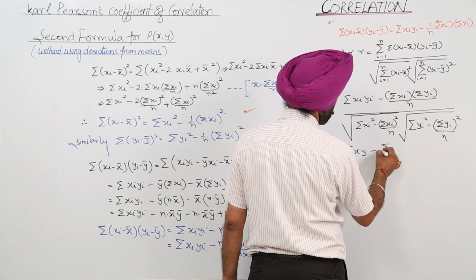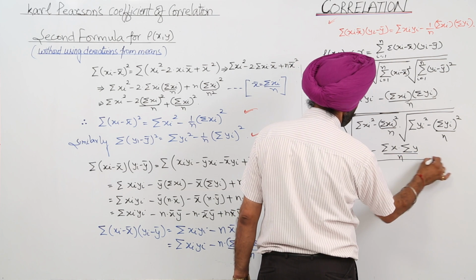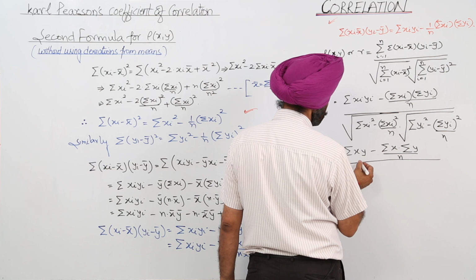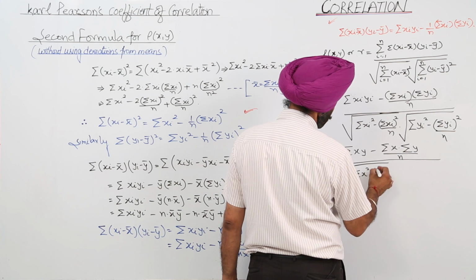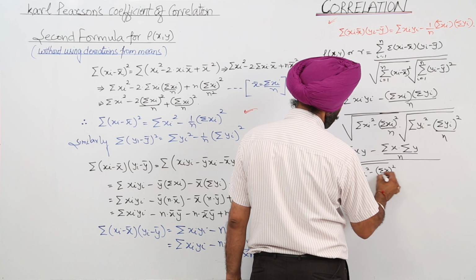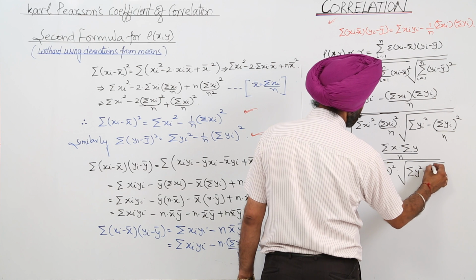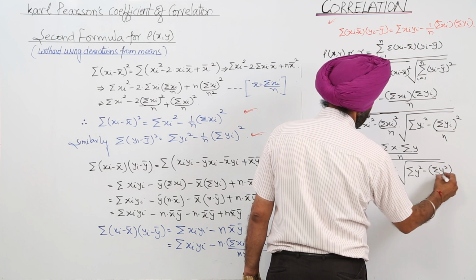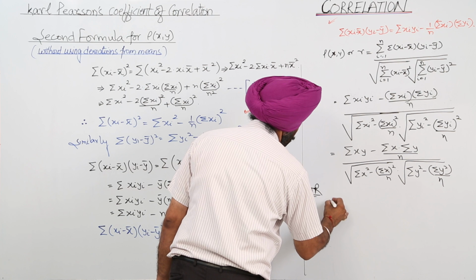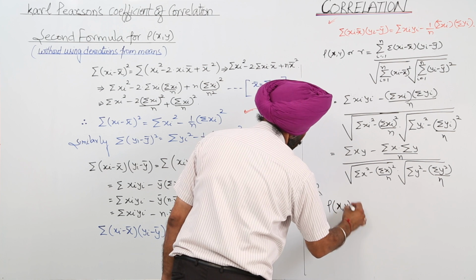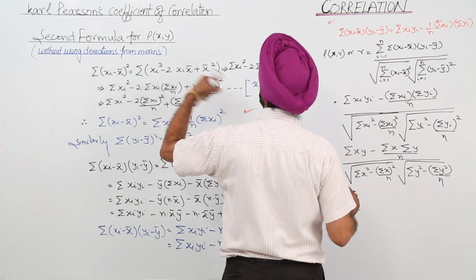Now this we can further write as summation xy minus summation x summation y upon n, upon the square root. So this is the second formula for the coefficient of correlation without deviations.